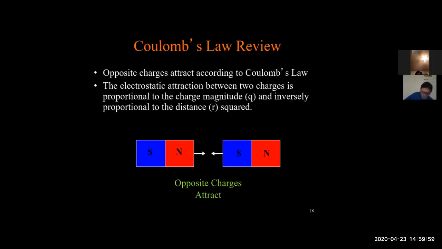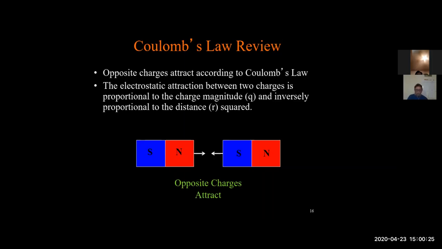All right. Briefly speaking, they're talking about Coulomb's Law here, and all we're going to say is 2 things. This is a law that explains or determines the interaction or the force between 2 charges, be it these magnets or be it an electron and a proton.